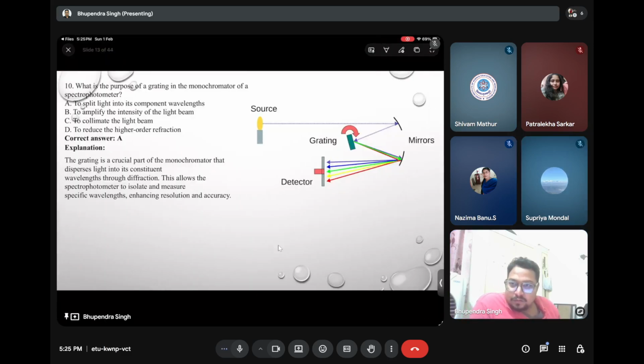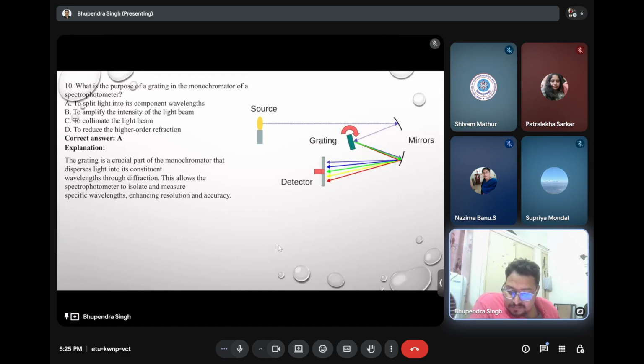Yeah, okay. So what is the purpose of the grating in the monochromator of a spectrophotometer? I think you have not physically seen the grating. Do you know how the grating looks, or what it means? I can tell you anyway. It is something like this.